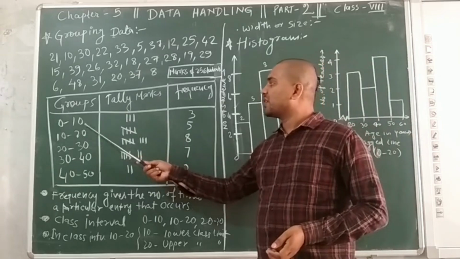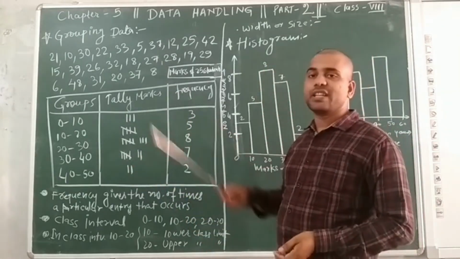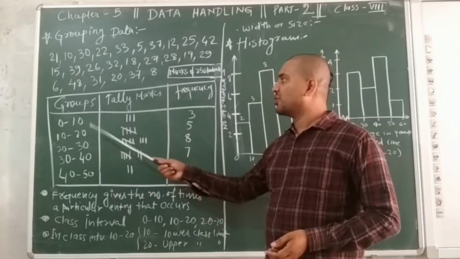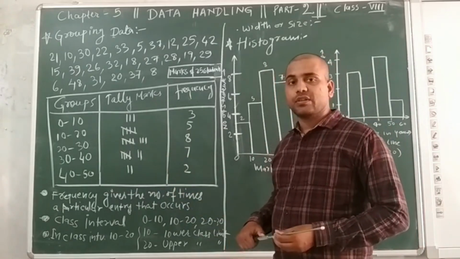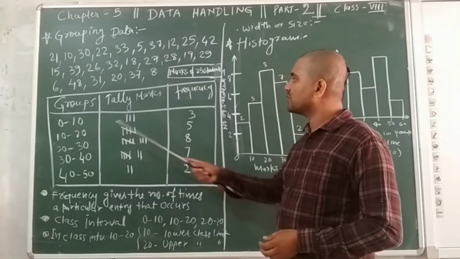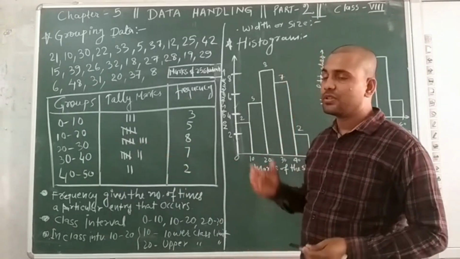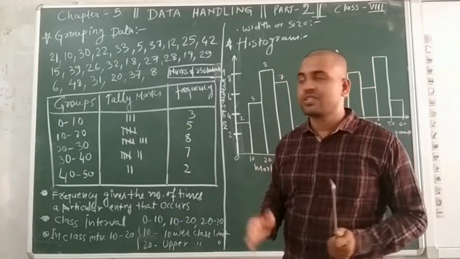So for 0 to 10 we have to find out how many students there are, meaning the frequency of 0 to 10: how many students have scored marks between 0 to 10.